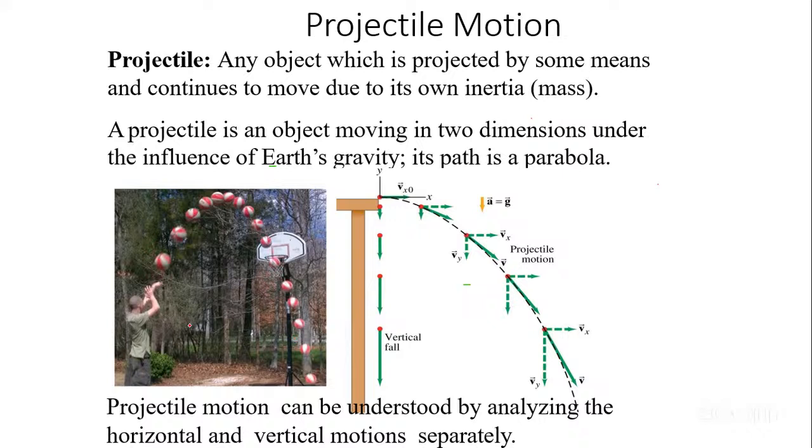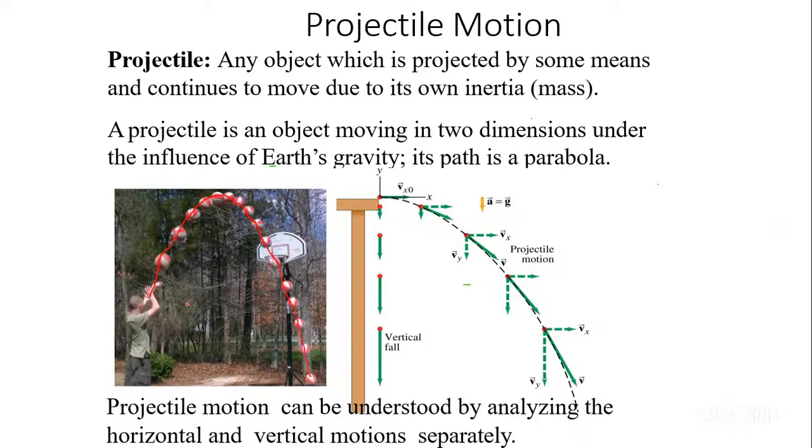So if you look at the image here, you see a young man throwing a basketball. Look at the path that the basketball follows.